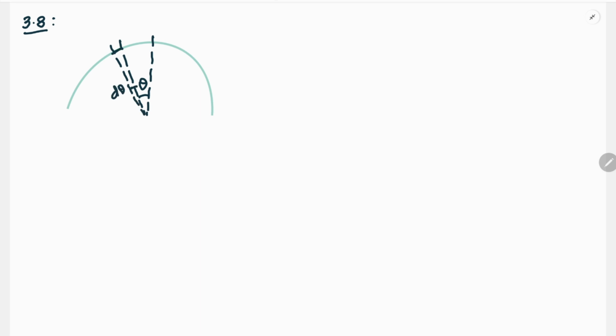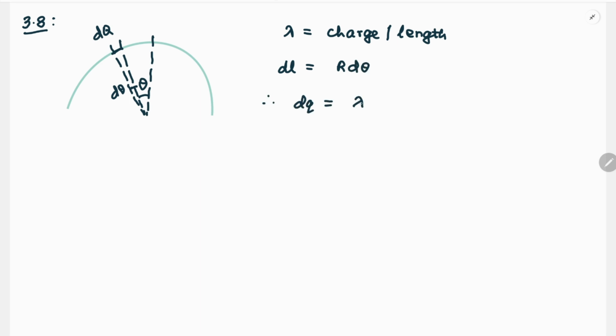So we are selecting this charge being equal to dq, and we are considering lambda as charge per unit length. The length that we have selected is dl, which is equal to r d theta, and therefore it will have a charge lambda r d theta.